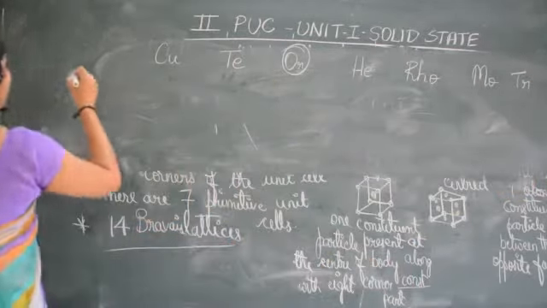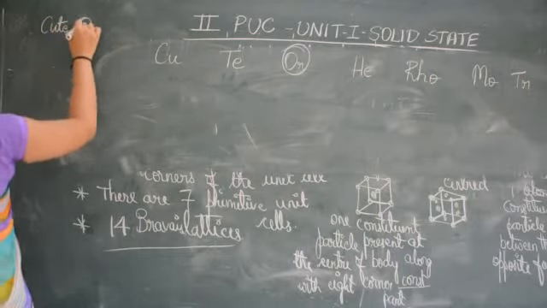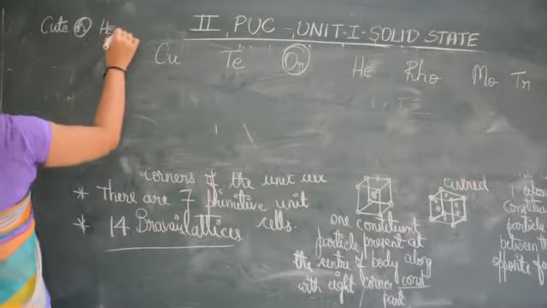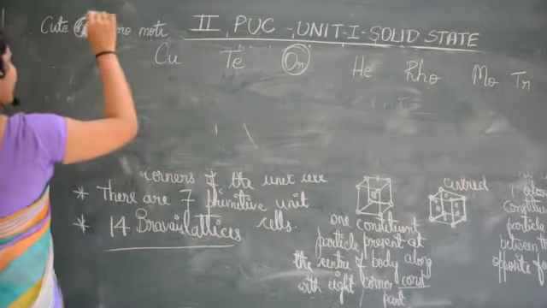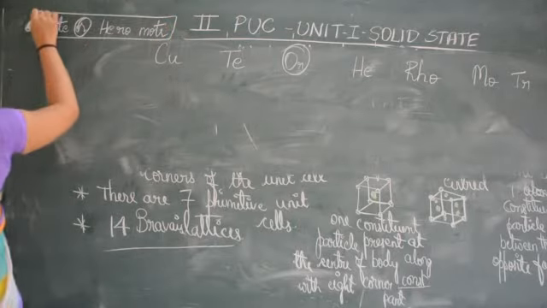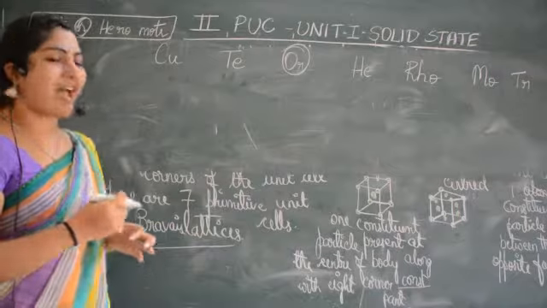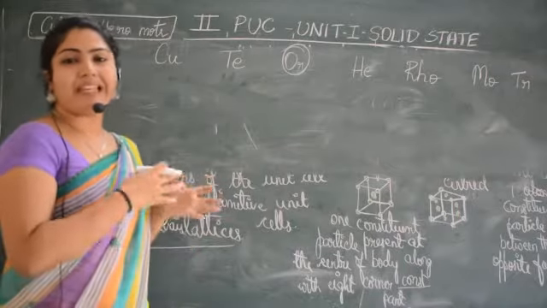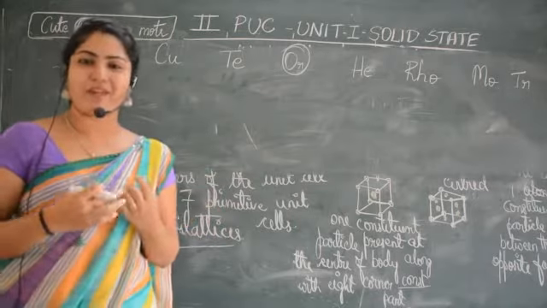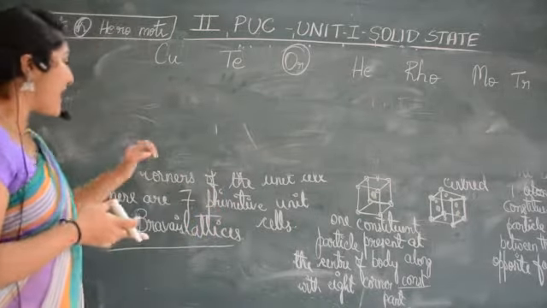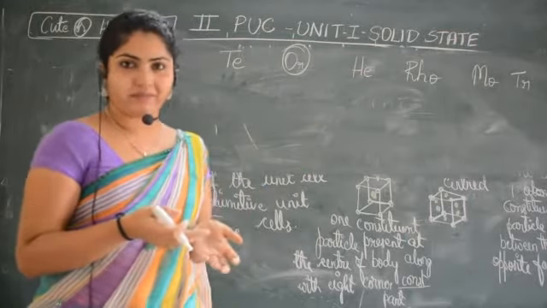Okay, I'll just write it here. Cute or hero motor. If you remember it this way, it becomes easy for you to remember, though it doesn't have any meaning as such. It's just for you to remember. If you can follow this, you can try this. It's cute or hero motor.